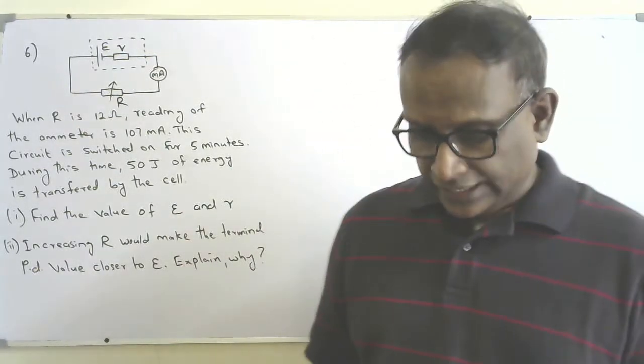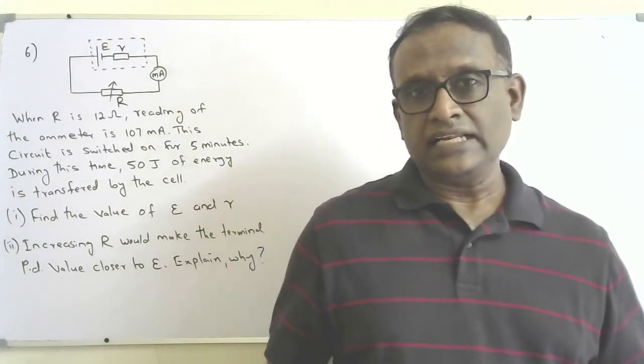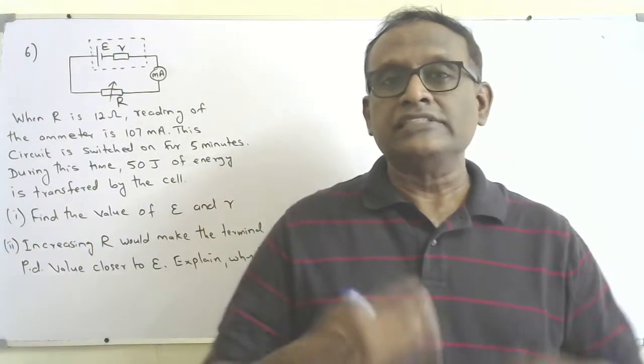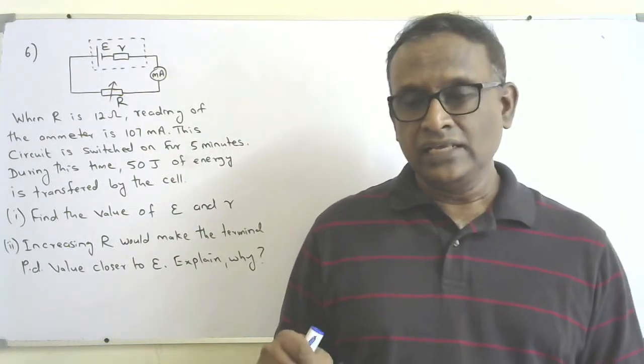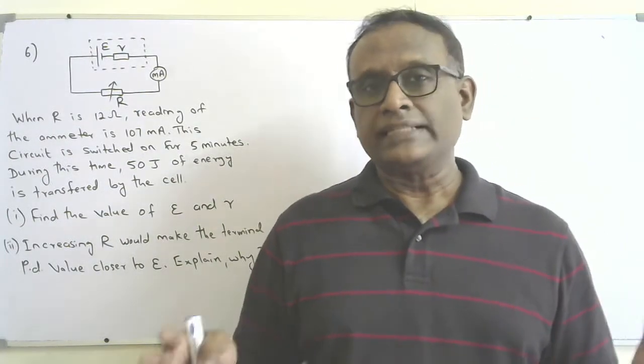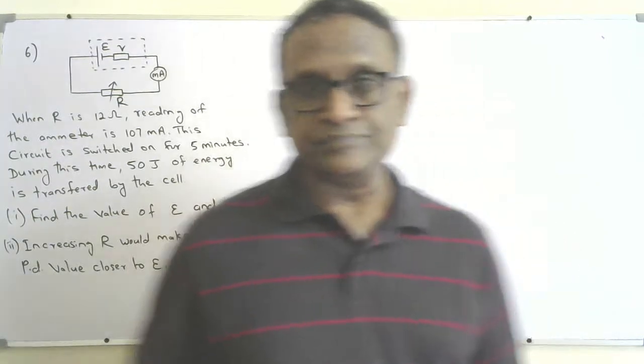Okay, you know that power transferred or power generated by the cell is equal to EMF times I. If you multiply the power by the time, you will get the energy.